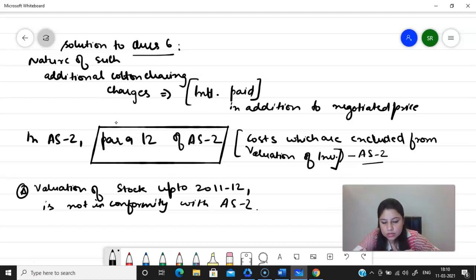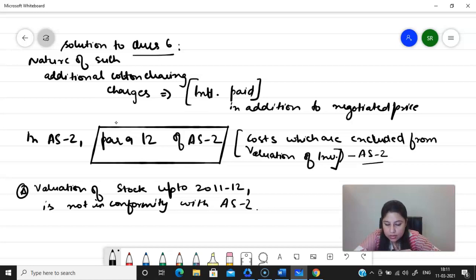And after that, the company has decided to exclude such costs, which would be the correct valuation of closing stock as per AS2, as such clearing charges should not be a part of valuation while valuing the closing stock.